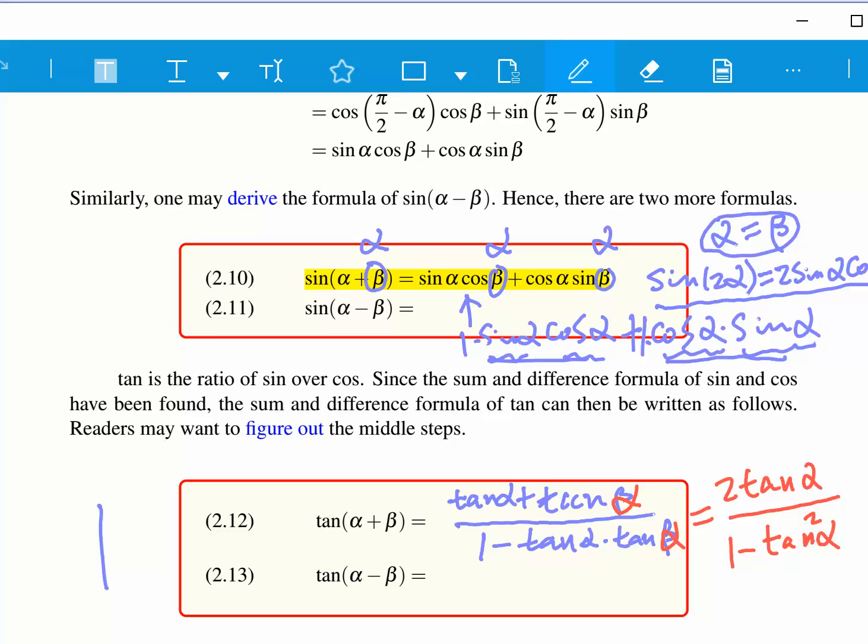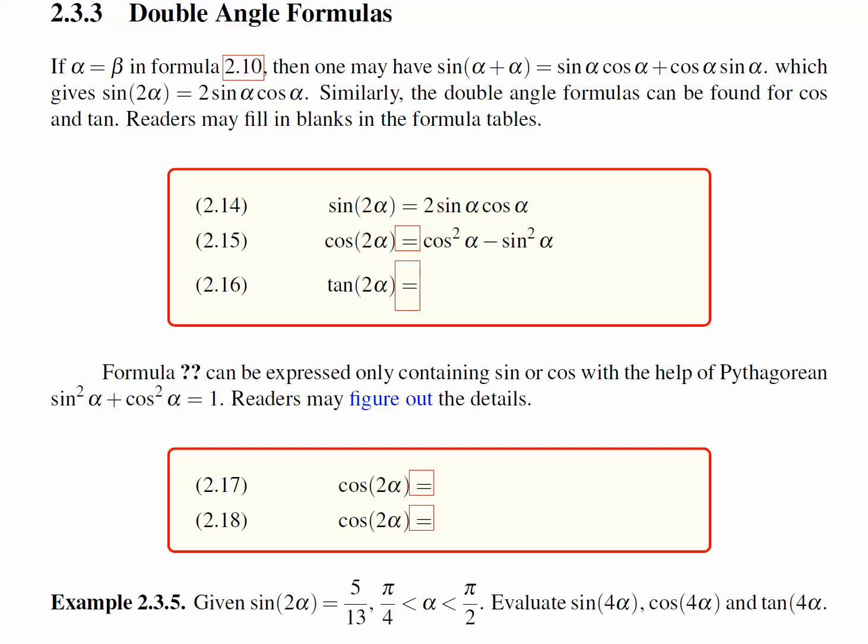So here you replace beta with alpha and you get tangent 2 alpha. That's the double angle. Tangent 2 alpha equals 2 tangent alpha divided by 1 minus tangent alpha squared. That will be the one right here.